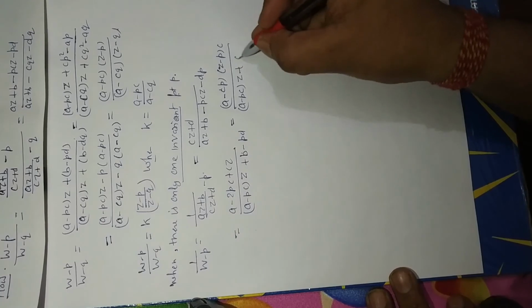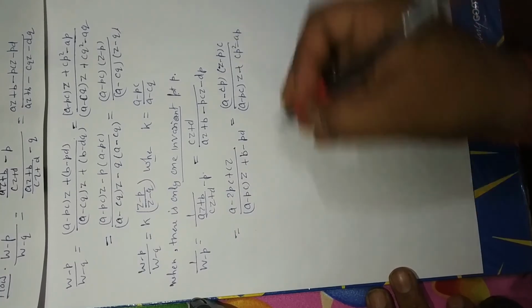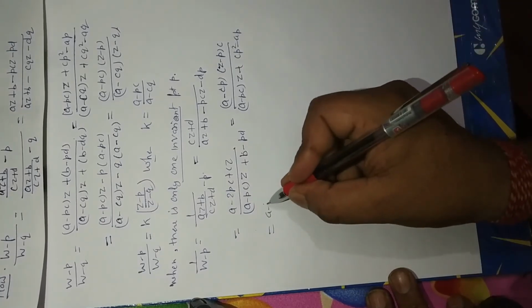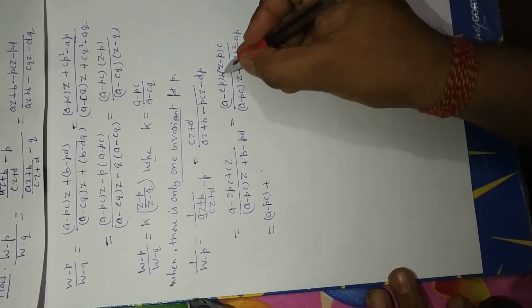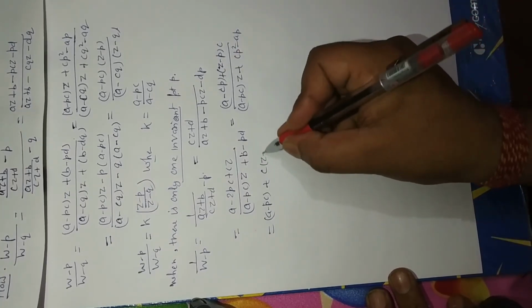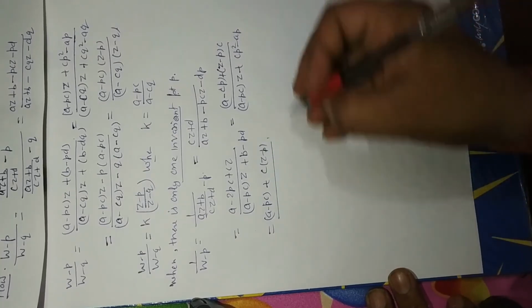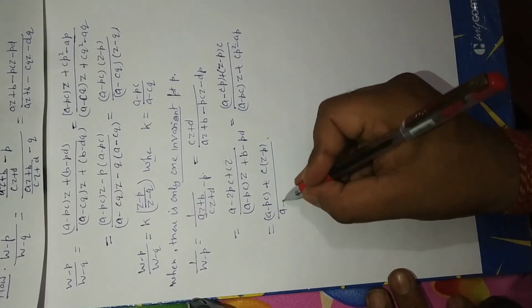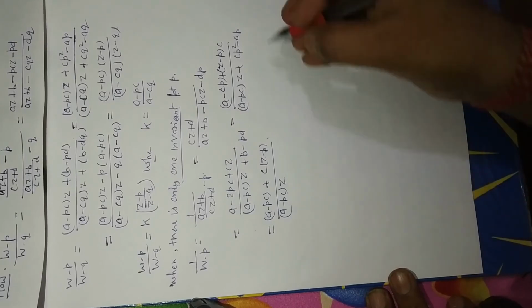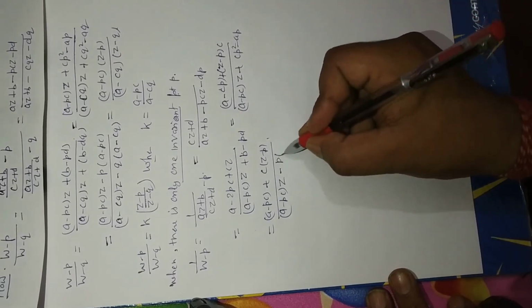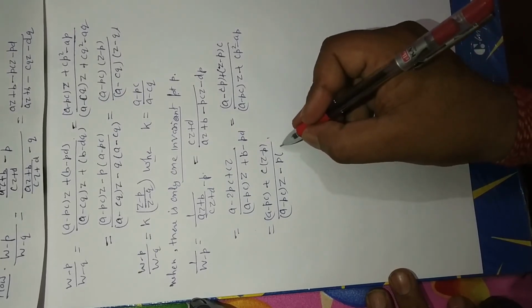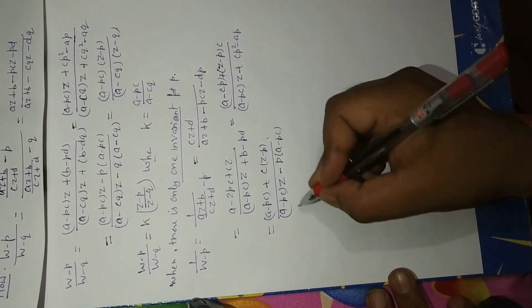Now putting the value of B minus PD, CP square minus AP, we get (A minus PC) plus C into (Z minus P) upon (A minus PC)... P common, A minus PC.